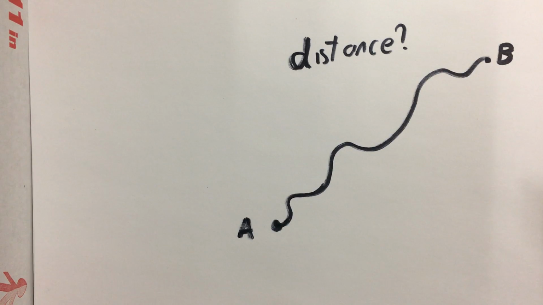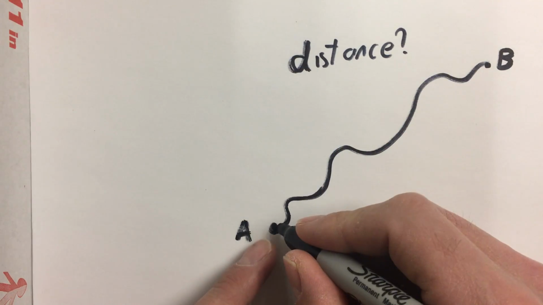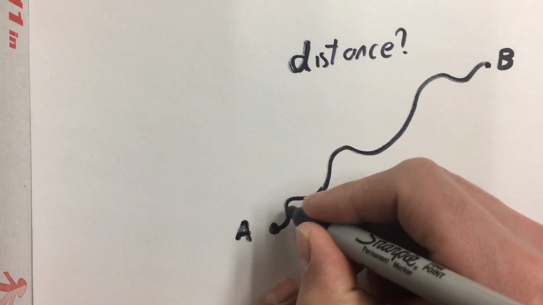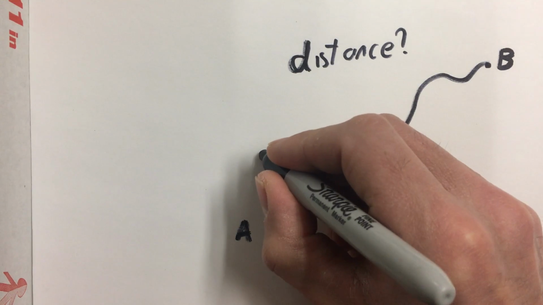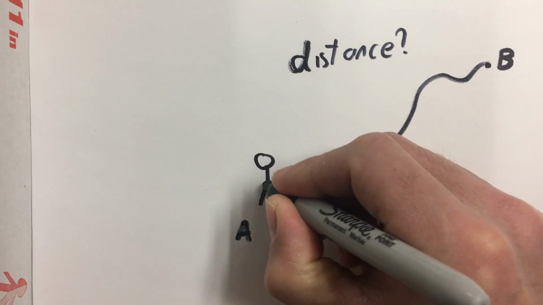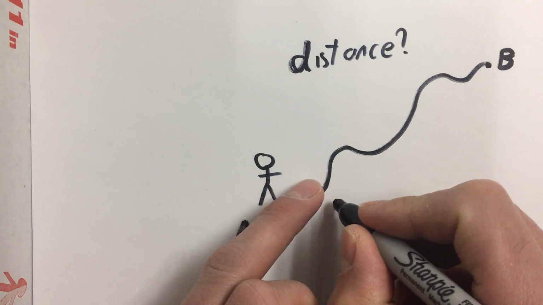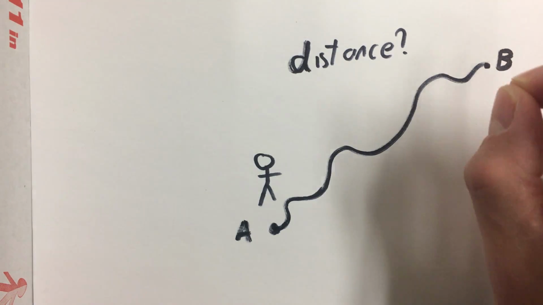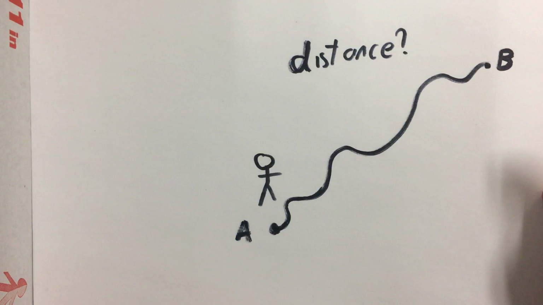Now, one way you could estimate it is you could take a person, and the person could walk along that path, putting one foot along the path as they went. As this person took a walk, we could count their steps, measure the length of each step, and add all those steps together. And that would give us the distance.